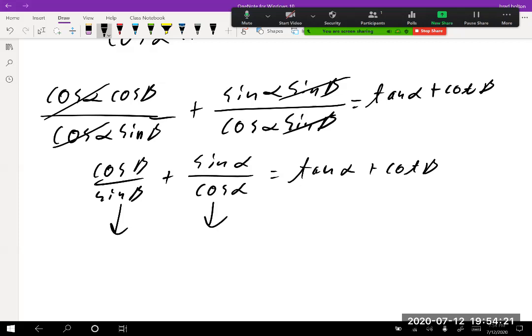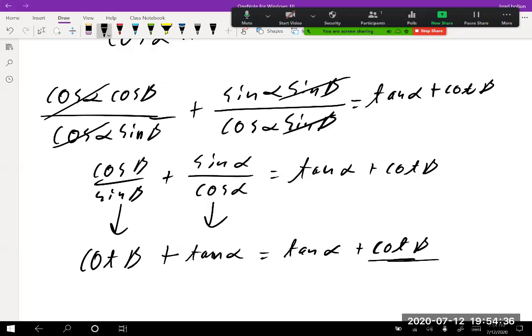So this becomes cotan beta plus tan alpha equals tan alpha plus cotan beta. This matches this, and this matches this, and it's addition, so we're good. Check, we verified.